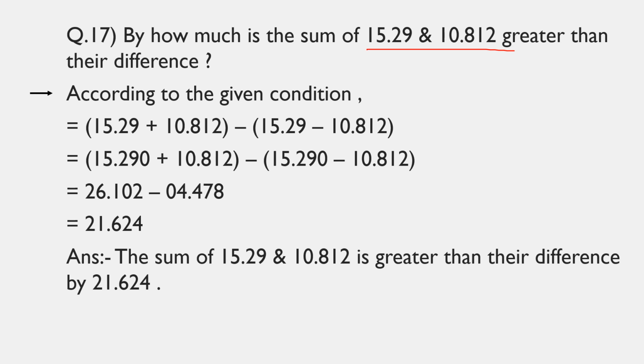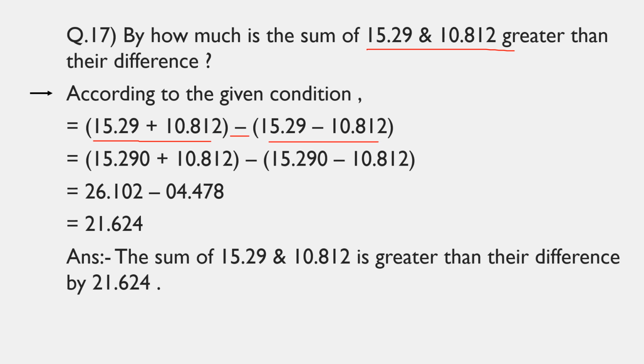See, according to the given condition, first we'll add these two decimals, that is 15.29 plus 10.812, and then they said to find out the difference between the addition and the subtraction, right? So that's why here the subtraction sign will come, minus, and again in the next bracket the difference of the same numbers, that is 15.29 minus 10.812.